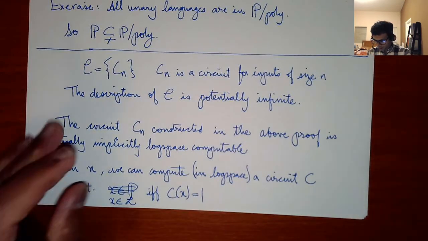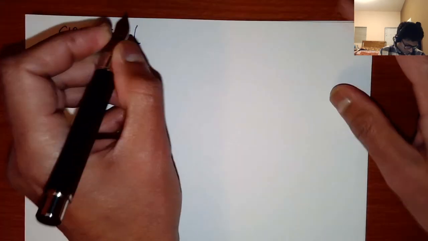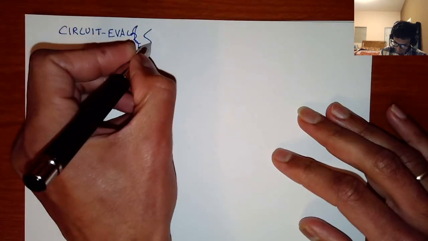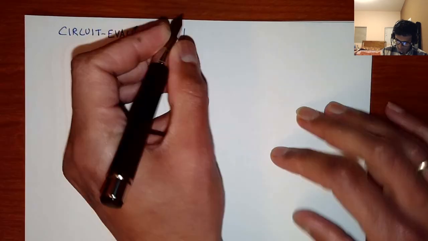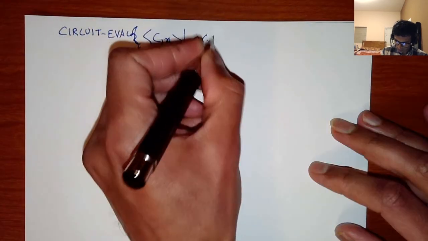Okay, what I'm going to now state is basically try to convert this to a language, and we actually get a very interesting definition of completeness within P. So let me consider the language circuit eval, which is all encodings of C and x such that C of x is 1.